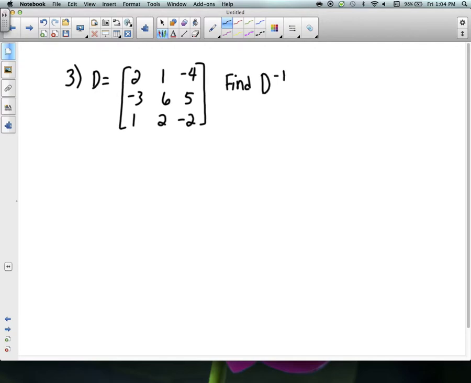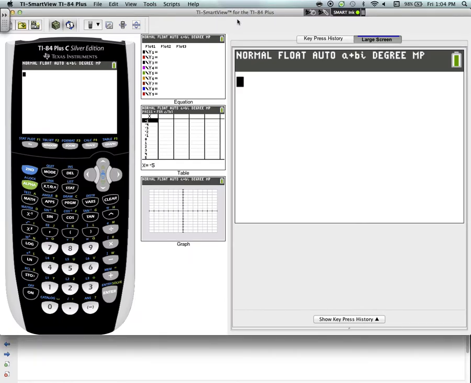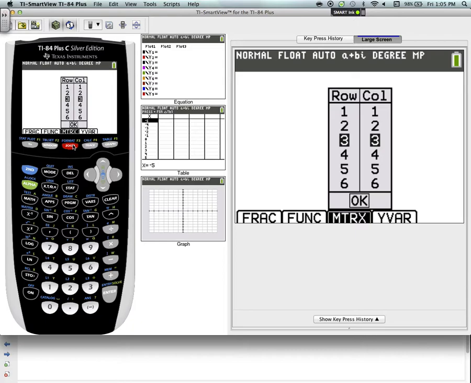All right, so we're going to go right into putting this in the calculator. We're going to do alpha zoom. I already have mine set on a 3x3. If you don't, make sure you change yours.